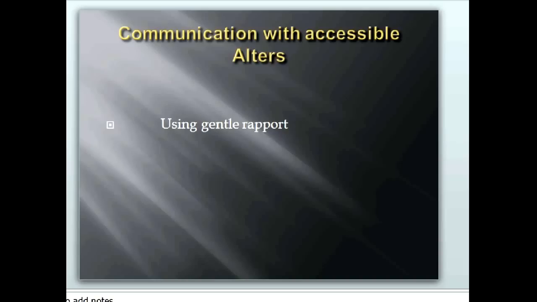So really what I'm talking about here is alters that are accessible, that turn up perhaps in the therapeutic process as you go down the layers, and to concentrate on actually transacting with them and getting rapport and building up trust with each of the alters that you come across.